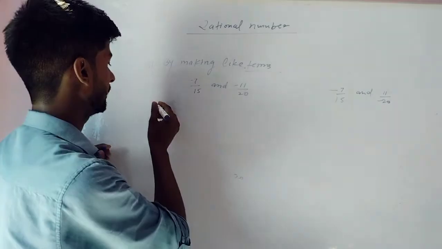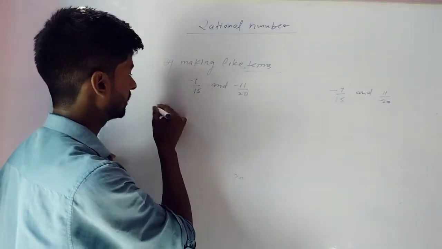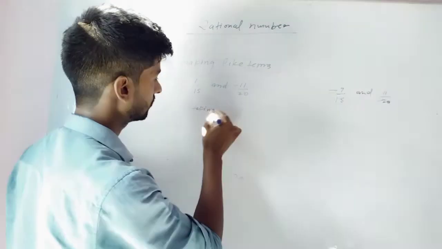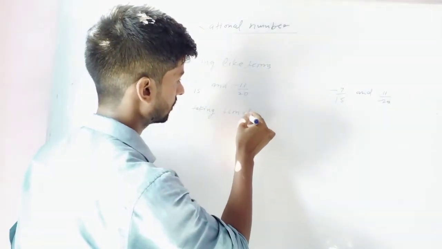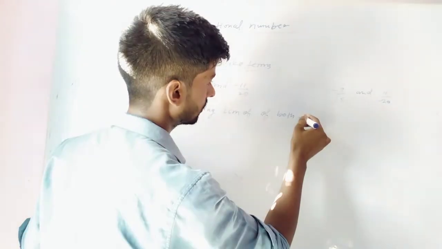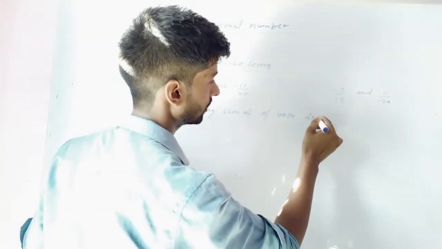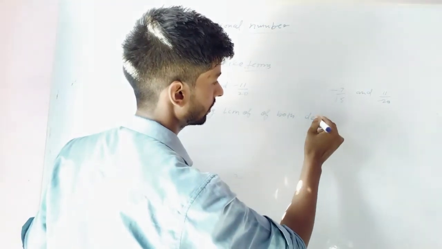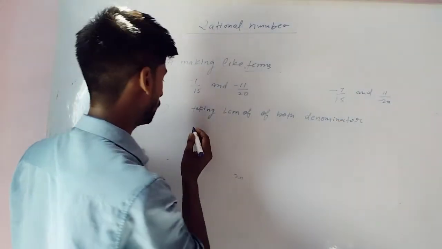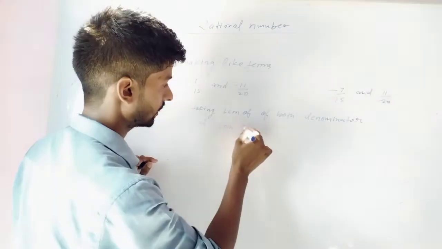The first step is taking the LCM of both the denominators of both rational numbers.